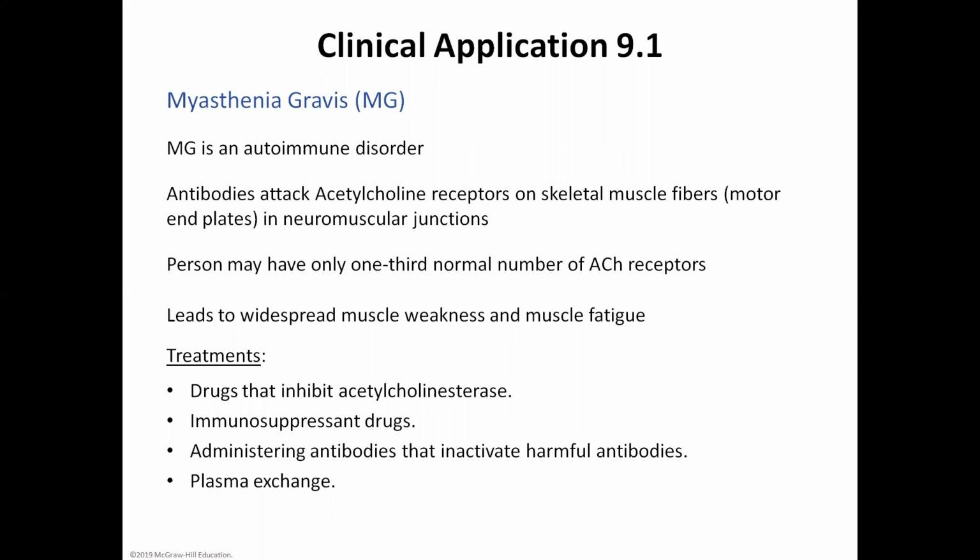What they actually have to do is take a drug that inhibits acetylcholinesterase, an enzyme that breaks down the acetylcholine. They inhibit that because they want as much acetylcholine as possible, and they also take immune suppression drugs to block those antibodies from being made.